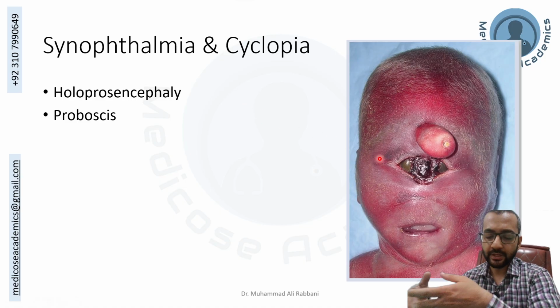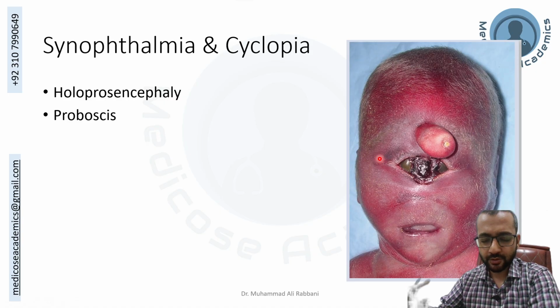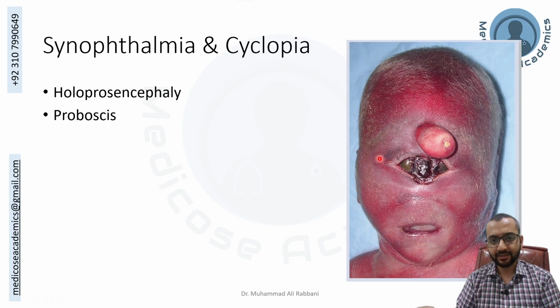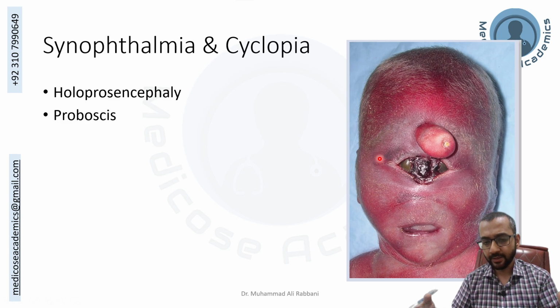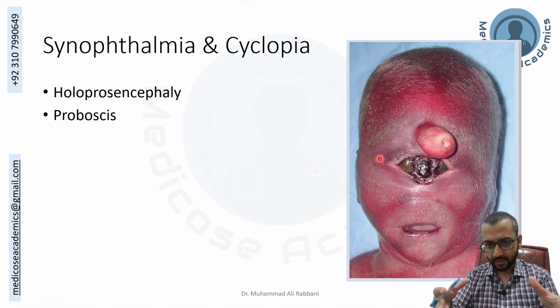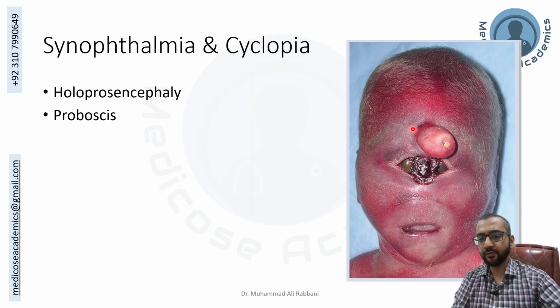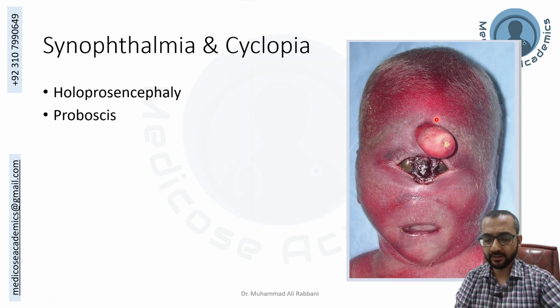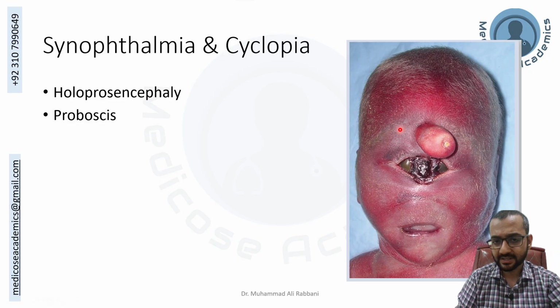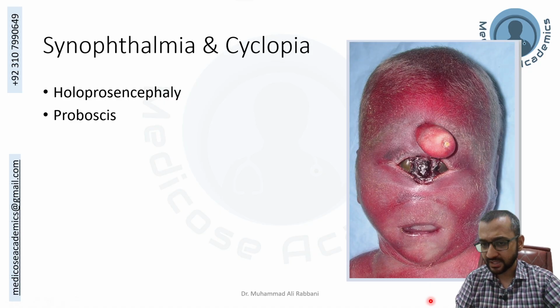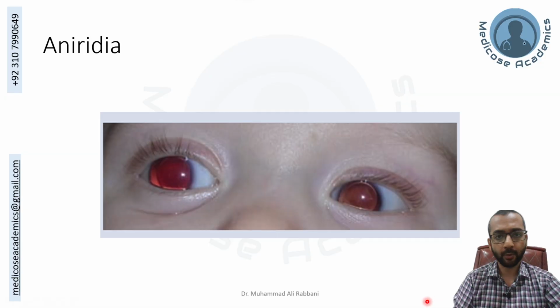When there are issues of sonic hedgehog and a vast cascade of other proteins that are responsible for splitting into right and left sides, sometimes this does not occur nicely, and midline defects will be there. The halves are fused, and the brain will not have the two lateral ventricles. It will have a common central ventricle, called holoprosencephaly. It will not have two prominences making either side of the nose. It will have a proboscis in the center, and you can follow them down.